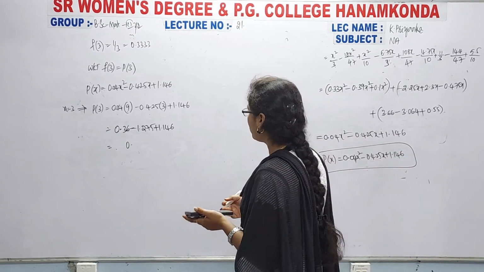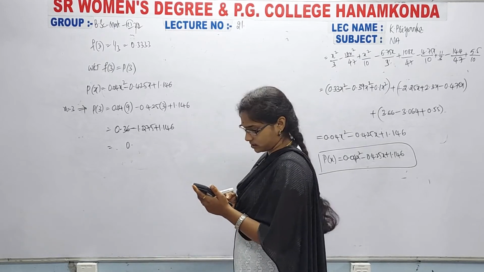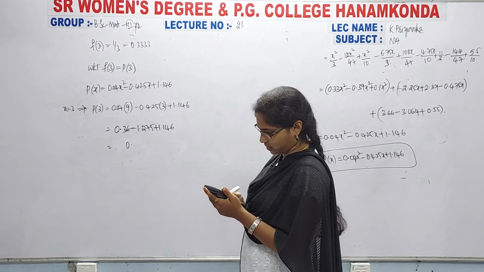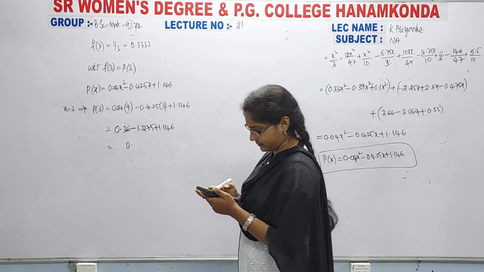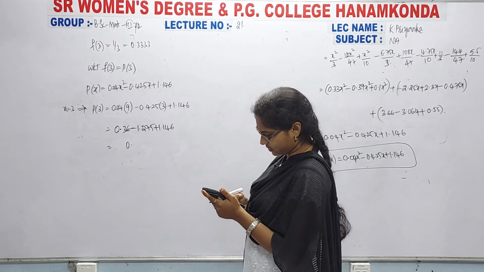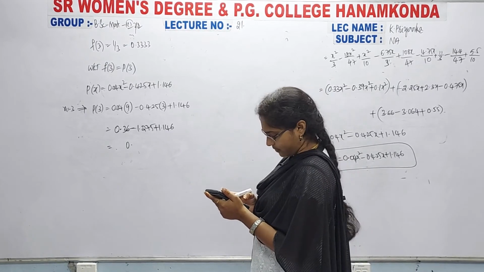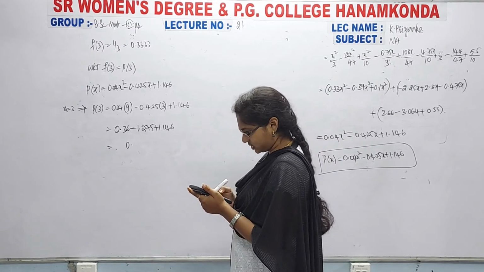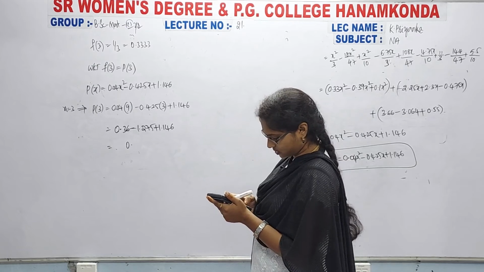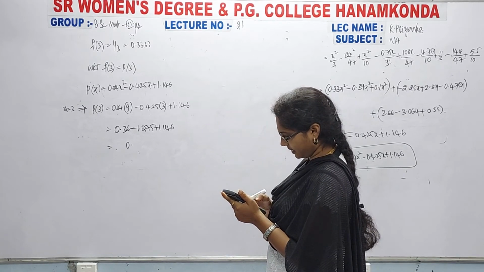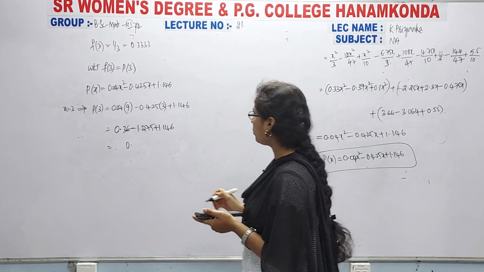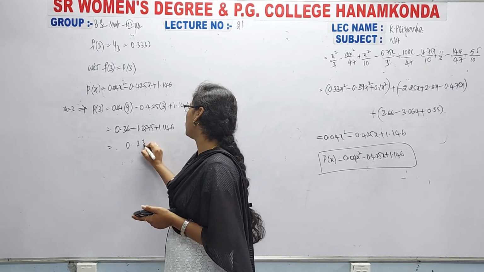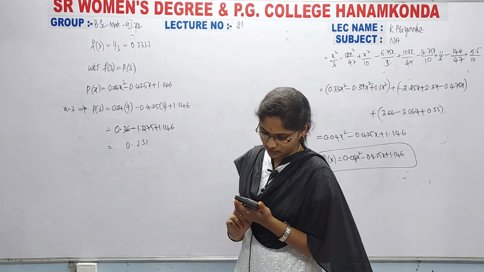So simply 0.425 into 3 is 1.275. Now 0.36 plus 1.146 minus 1.275, I am getting 0.231.